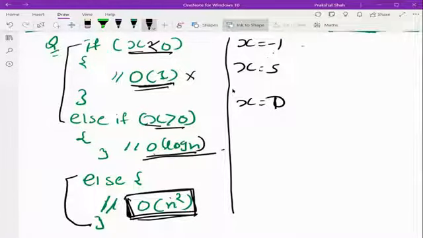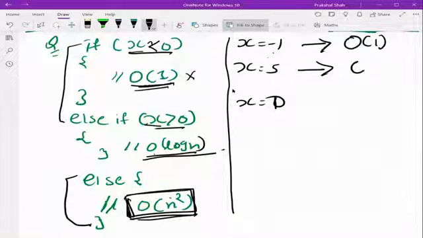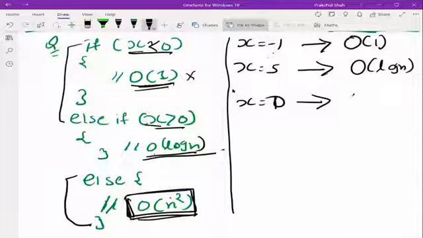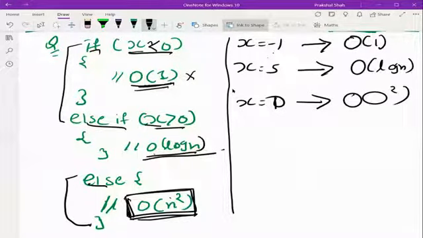So for x equals -1, what will be my complexity? Order of 1, right? For x equals 5, order of log n. For x equals 0, order of n square. But see here, this is my if and else, so these are my conditional statements.